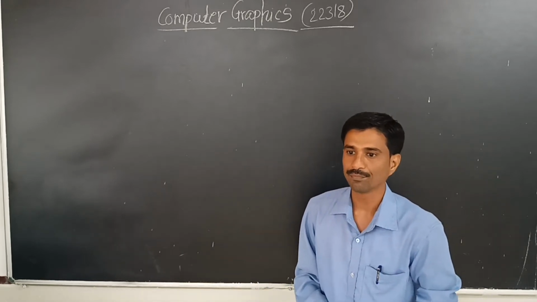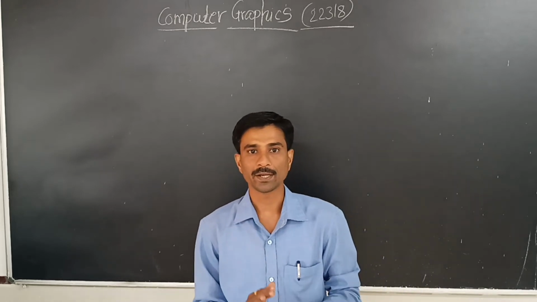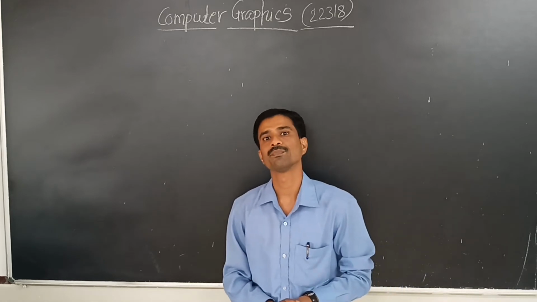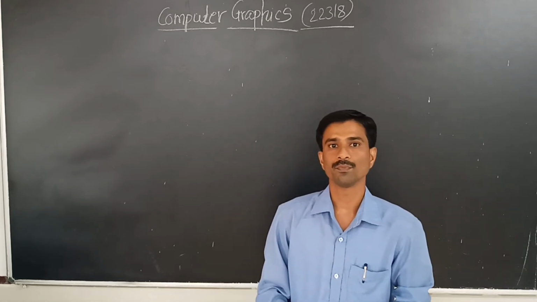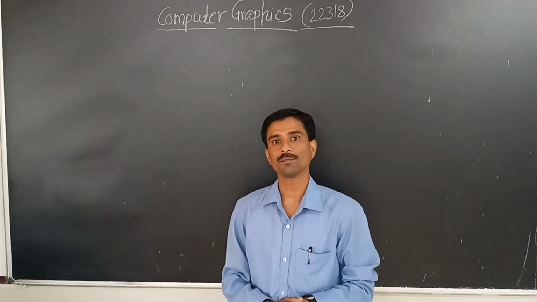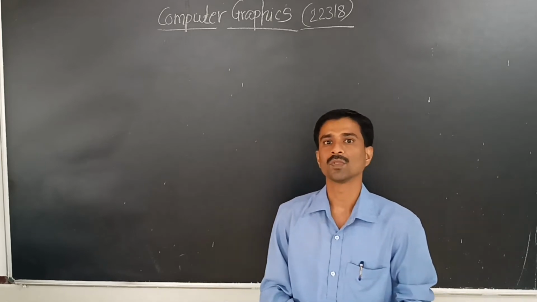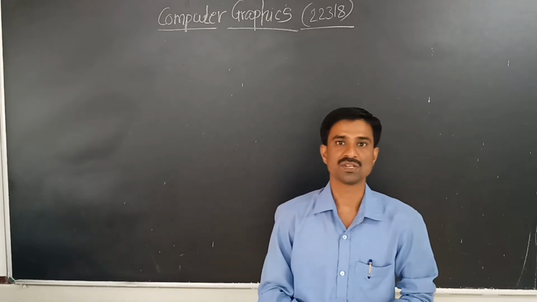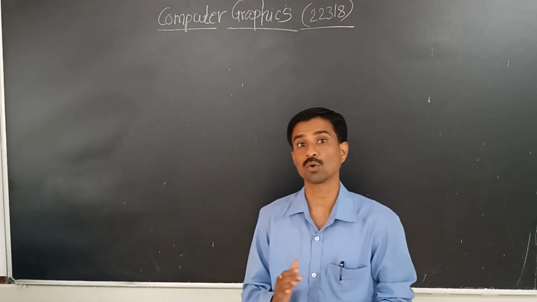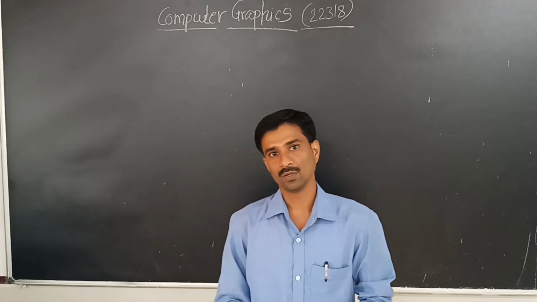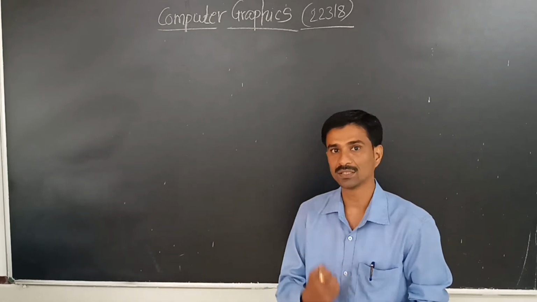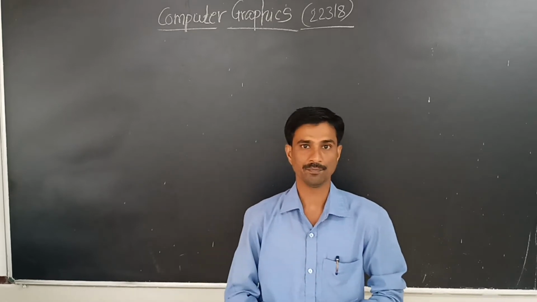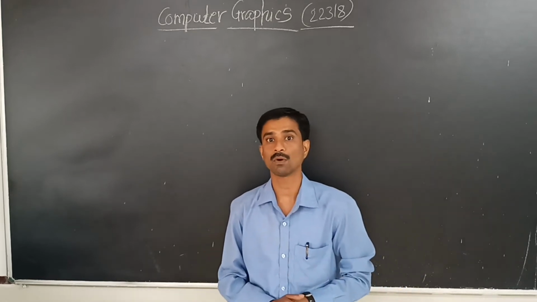So we have seen the architecture of a random scan display, how the video controller is reading the refresh buffer, and the image is stored in the refresh buffer in the form of 0 and 1, and the video controller will read that refresh buffer and display the image on the screen.